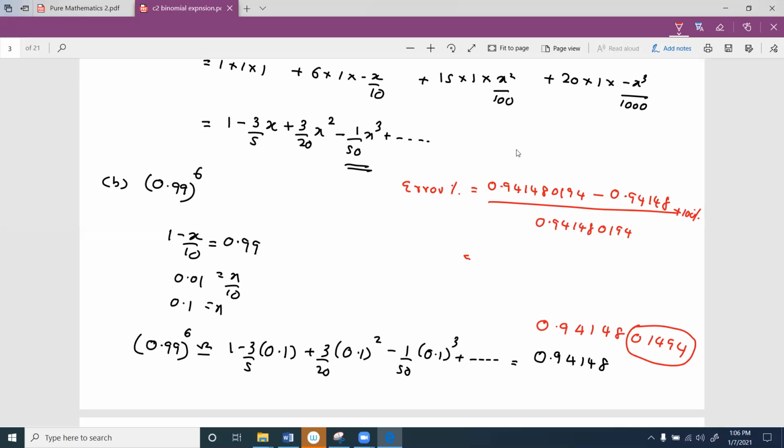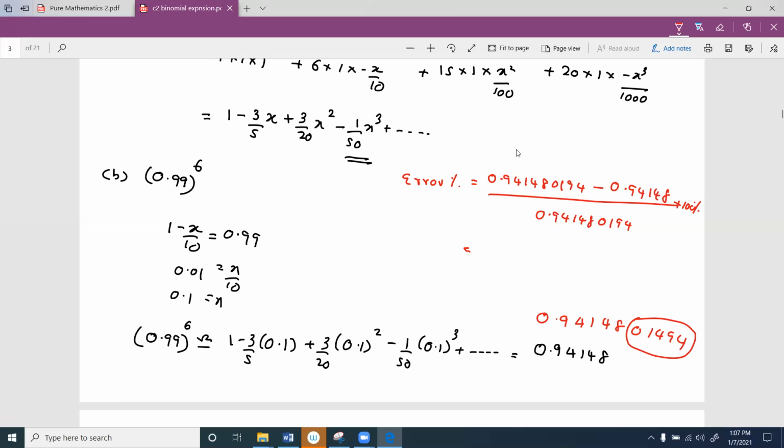It's pretty simple. It's quite a small error.